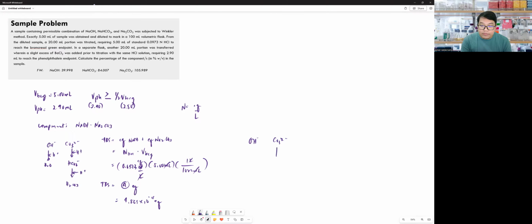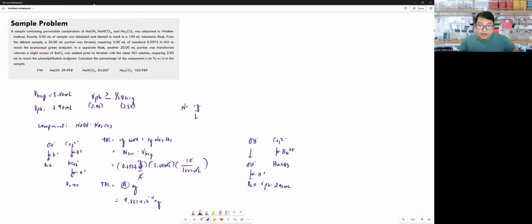So, pag nalagay ng barium dito, nagiging barium carbonate siya. So, wala siyang effect kay OH minus. Then, you will add HCl until you reach the phenolphthalein endpoint. Pag nag-add ng HCl, you reach water as endpoint. VPH is 2.9 ml.